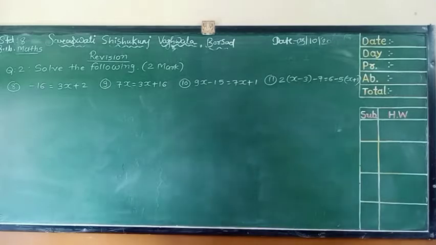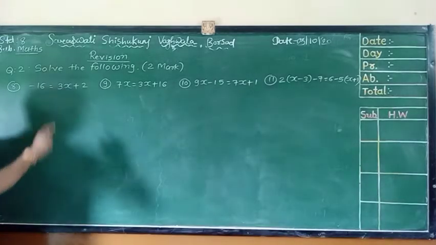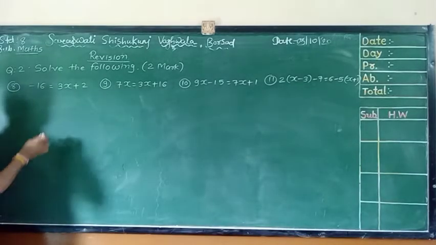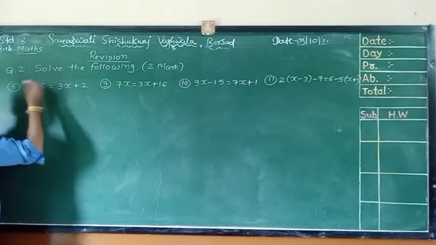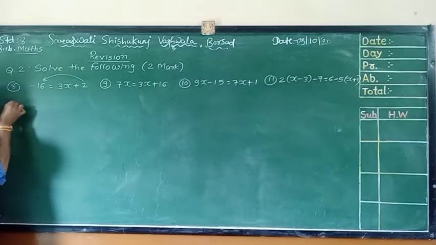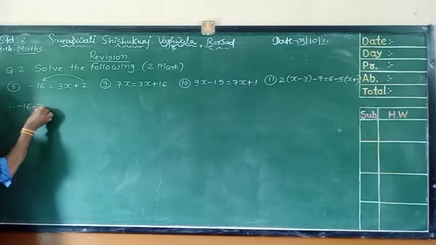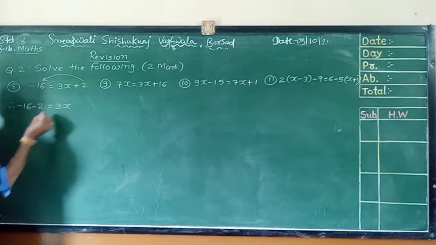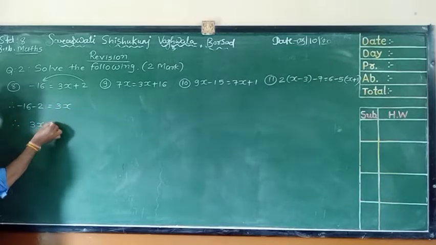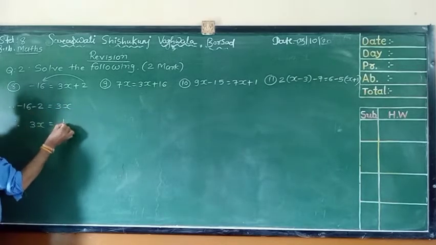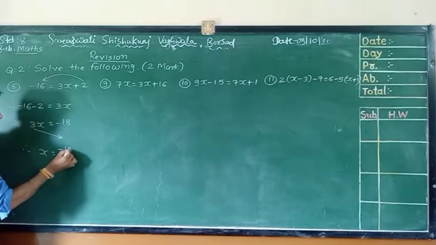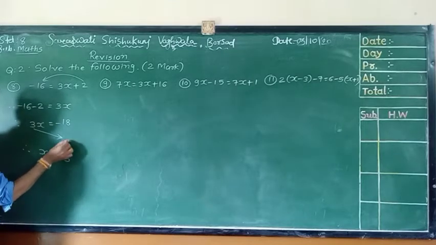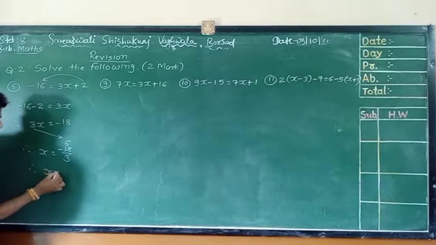In the next sum, minus 16 equal to 3x plus 2. So first of all we will transfer this plus 2 from the right side to the left hand side. So plus 2 will become minus 2. 16 plus 2 is 18, and the bigger term's sign is minus. 3 is going in downside. 3 6s are 18, x equal to minus 6.